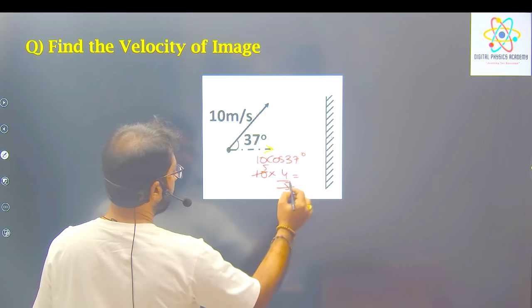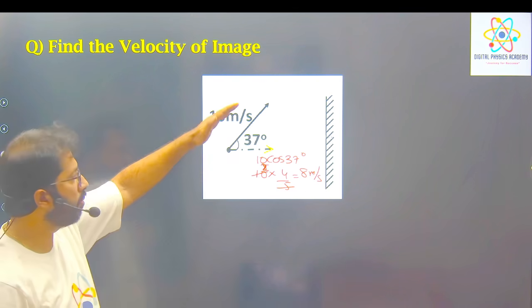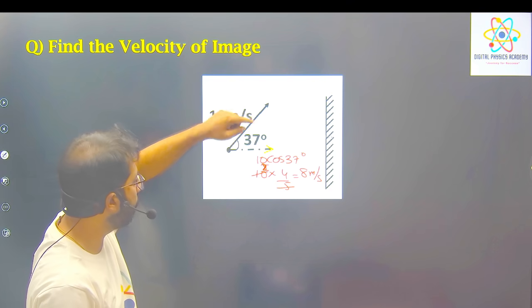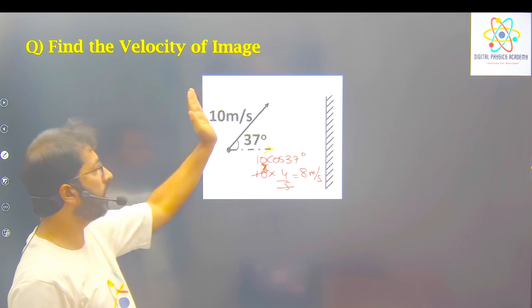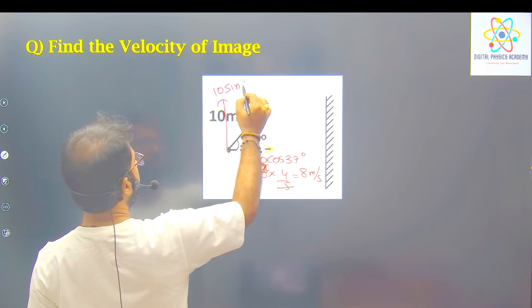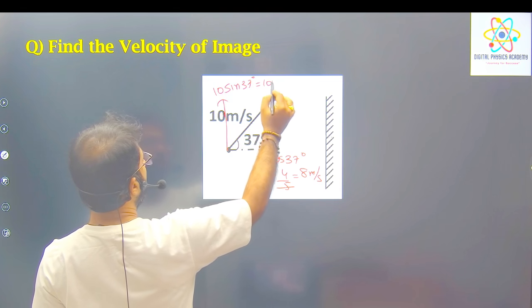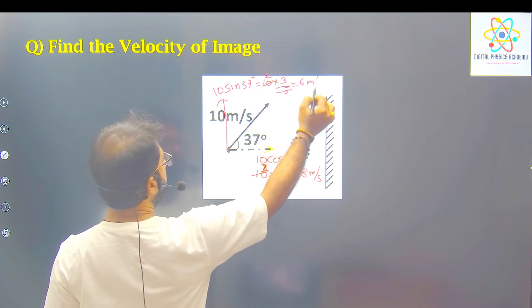So it is 8, right? 8 meters per second. So I am taking the components. You know how to take the components, right? So wherever theta is there, that side it will be 10 cos 37. And the perpendicular component is 10 sin 37. So 10 into 3 by 5. So it is 6 meters per second.